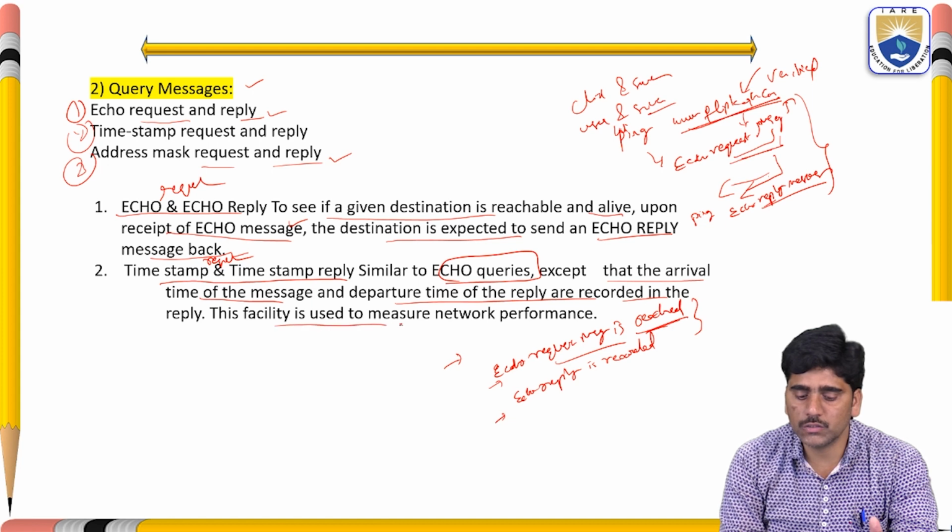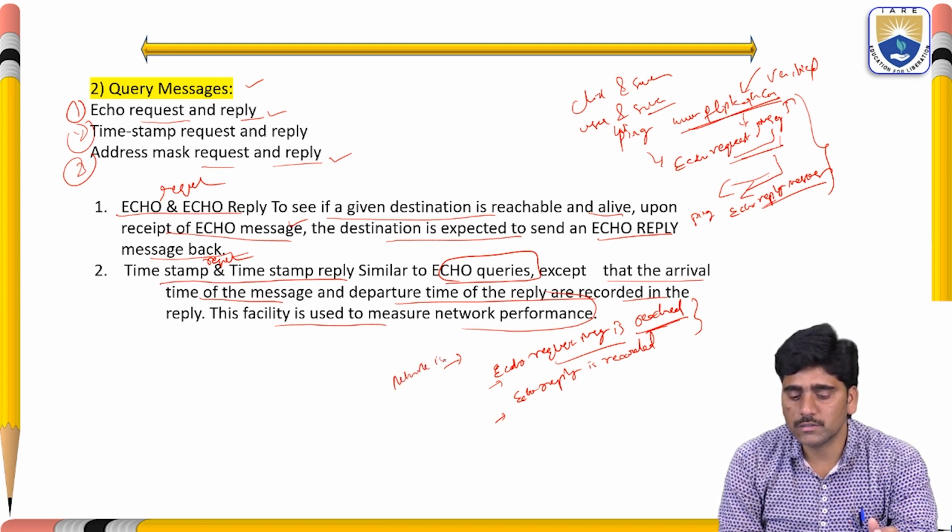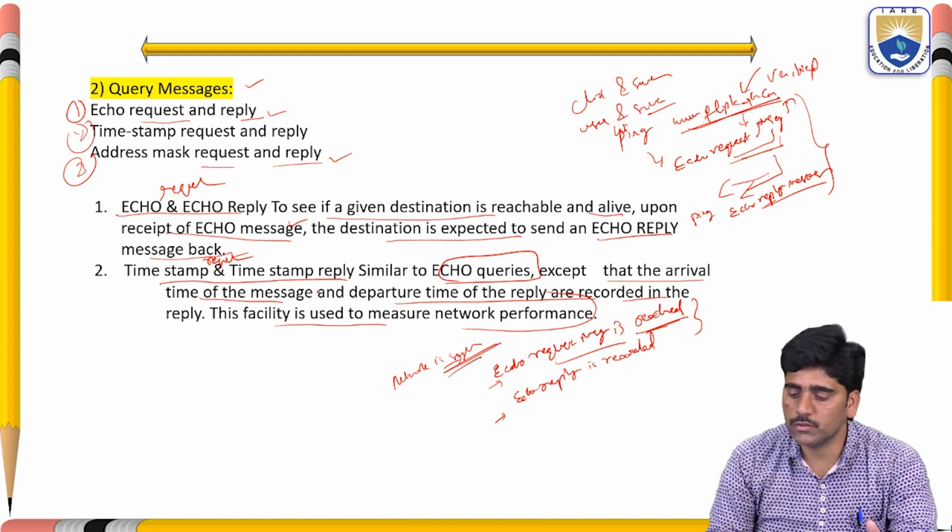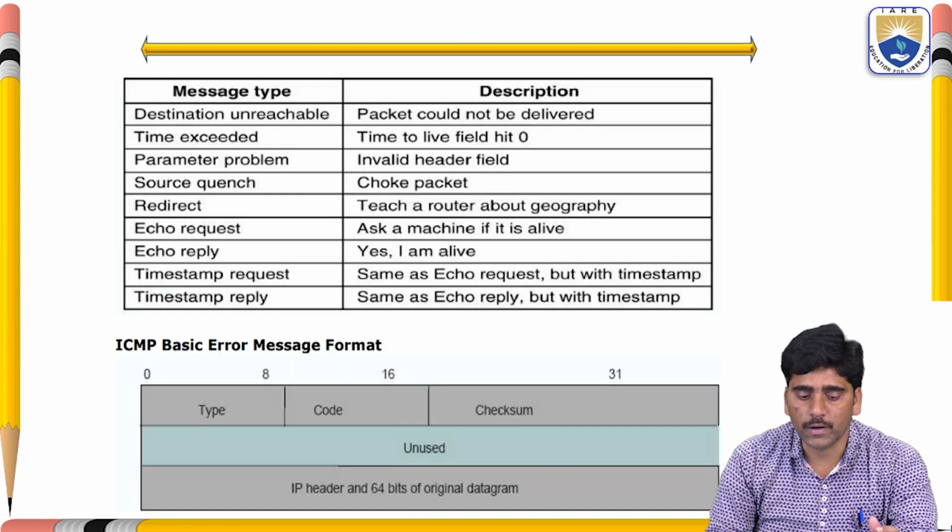This facility is used to measure network performance: on what time basis the target is responding on the system, and how the target is giving the reply within the time. That is the way we can use the timestamp of echo request or echo reply.